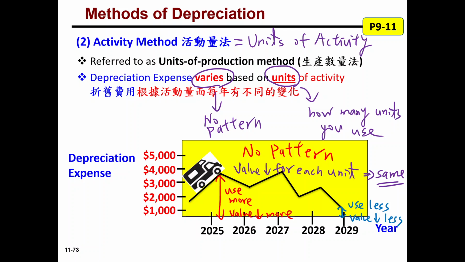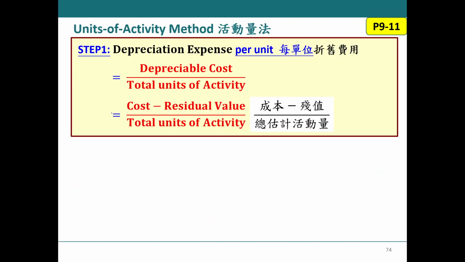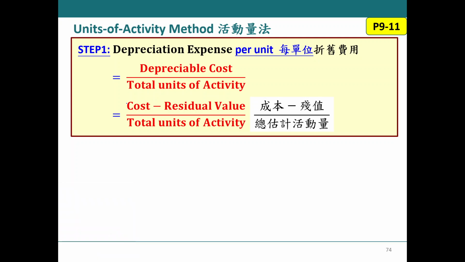Okay, so let's look up. First thing is find out the value decrease for each unit. So how? Do you know the total value decrease? Yes, of course. Cost minus residual value told you the total value decrease, right? Then we should divide it by what?